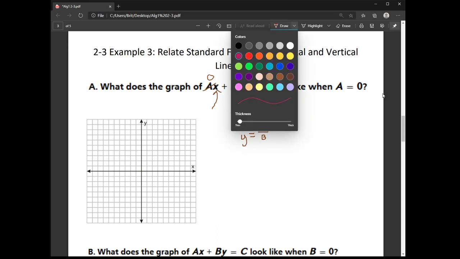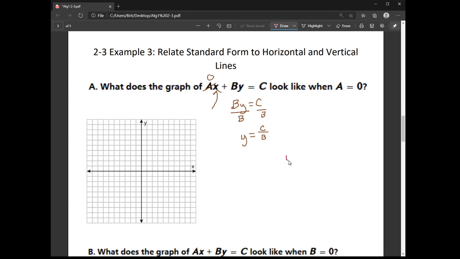So say, for example, I have y equals 3. Again, it doesn't matter what x is. Every x value has the output of y equals 3. So when x is 0, y is 3. When x is 3, y is 3. When x is 7, y is 3.